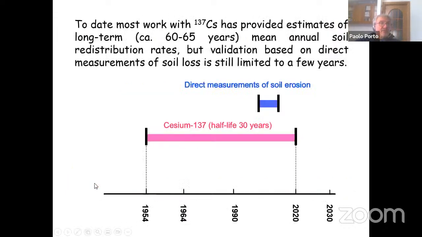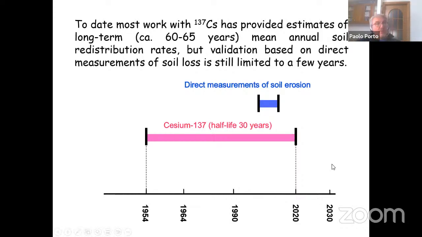The problem is that when we have to compare the two estimates, we need to be careful, because the estimates provided by cesium-137 are related to a very long time window, okay, starting from 1954 to the date of sampling, in this case 2020. And in general, we don't have sites in the world with many years of direct observations of soil loss.